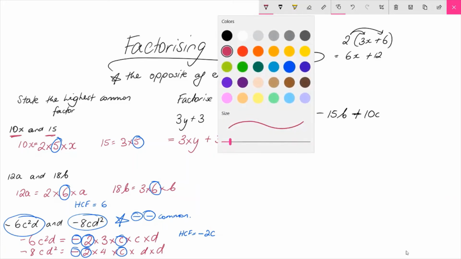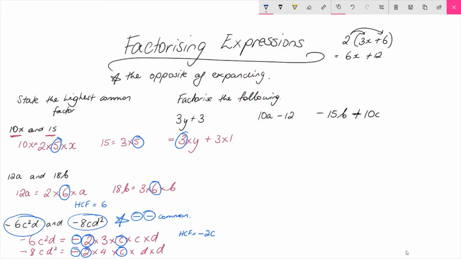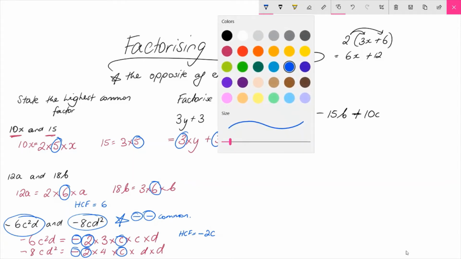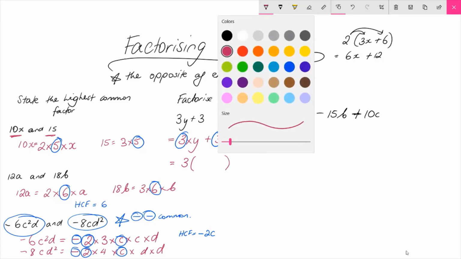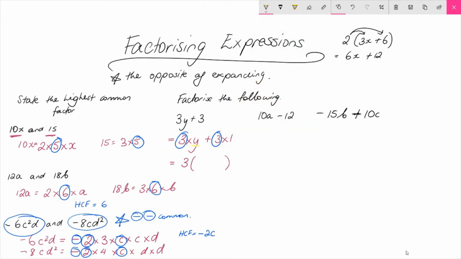Now we have a look at what's common. We can see that the 3 is the highest common factor. So I'm going to put that out the front. And then inside the brackets, we put the factors that are left over. So in the first term, we have a y left over, and in the second term, we have a 1 left over. So any leftover factors go inside the brackets.